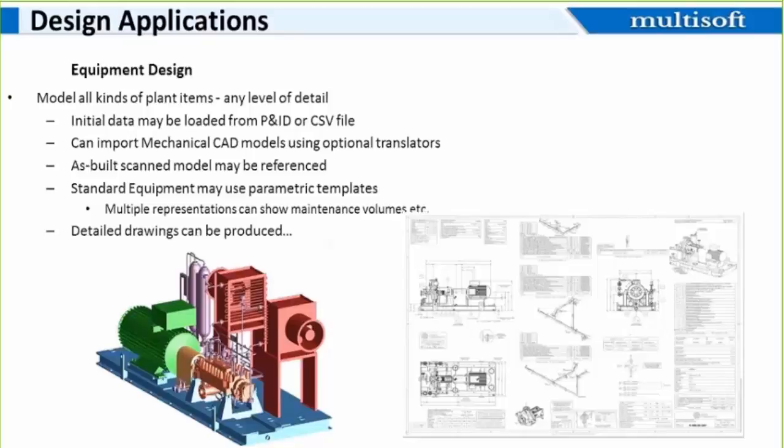If there is no standard equipment defined, then equipment can also be modeled by the user using primitives like box and cylinders within PDMS. Again, multiple representation of equipment items is also possible in PDMS, which can be used to show obstructions and the maintenance volumes, etc.